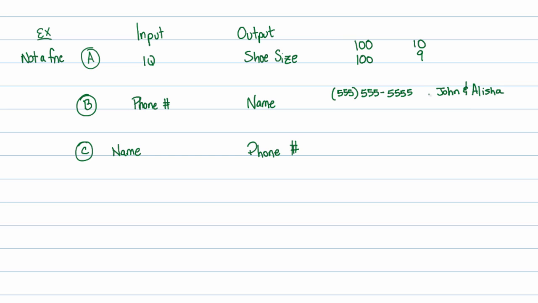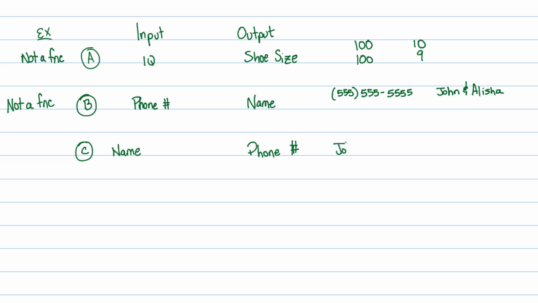So this cannot be a function because that phone number leads to two names. Now, if it's true that every person who has a phone number in the United States does not share their phone with anybody, then okay, this is a function. But as it's written, it's not a function. And it's kind of obvious, name leading to phone number.